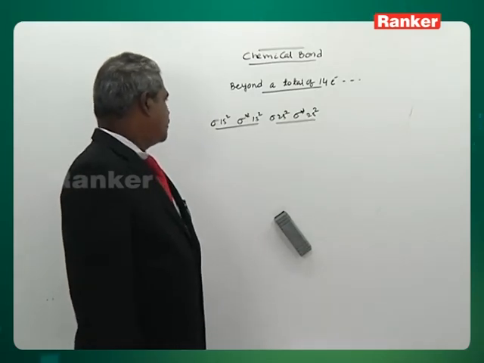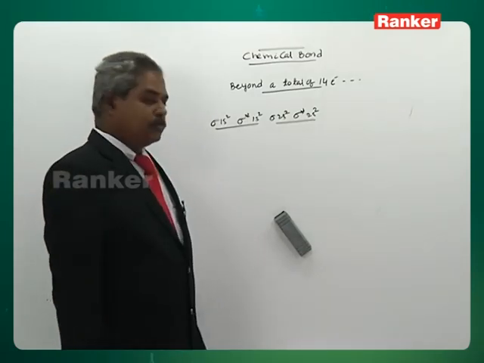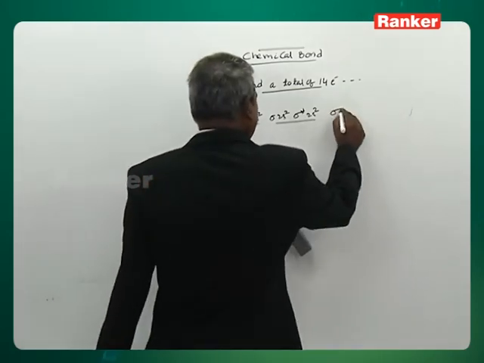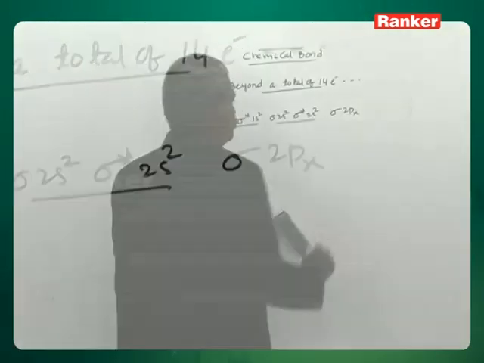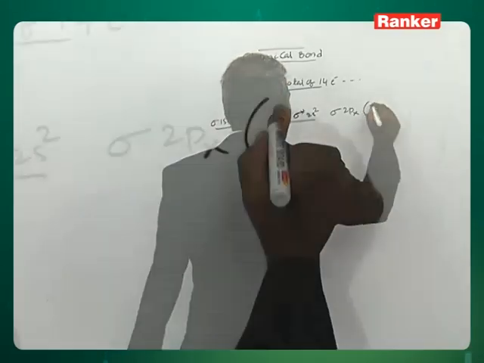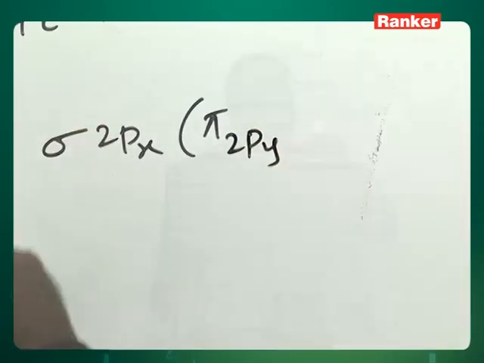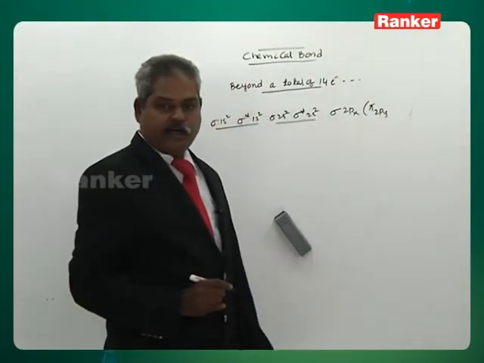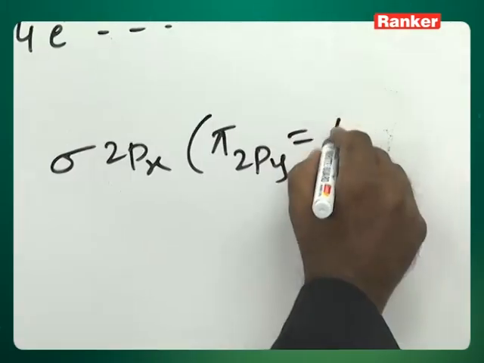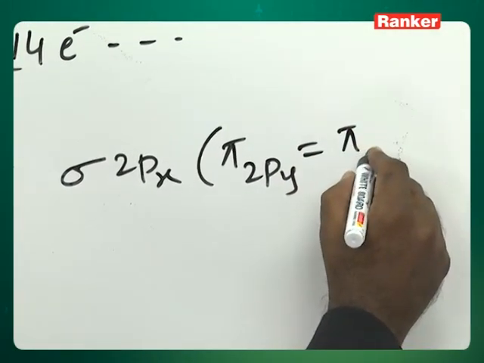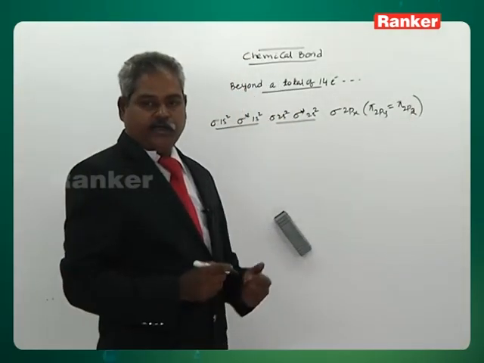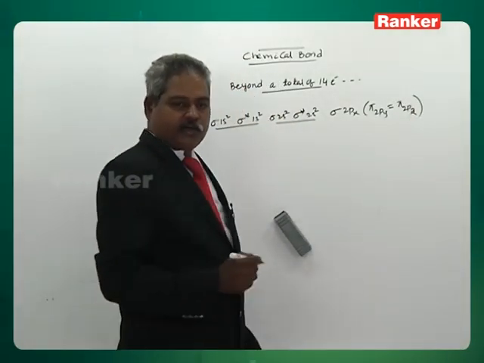Sigma 1s2, sigma star 1s2, sigma 2s2, sigma star 2s2, sigma 2px, pi 2py equal to pi 2pz.